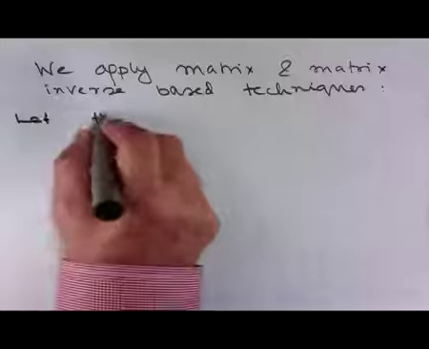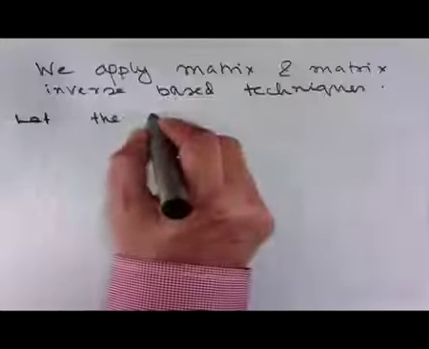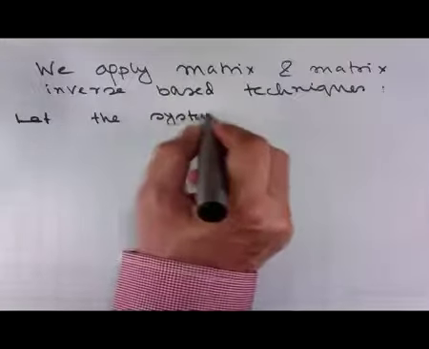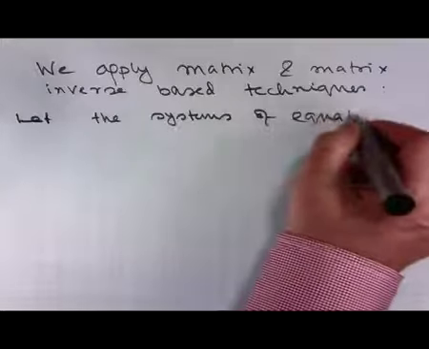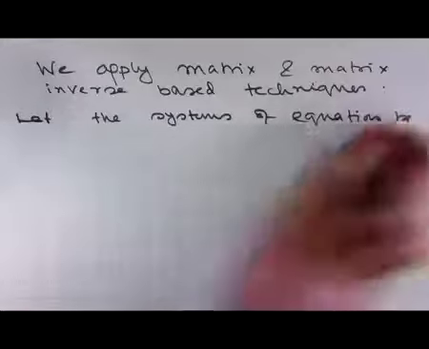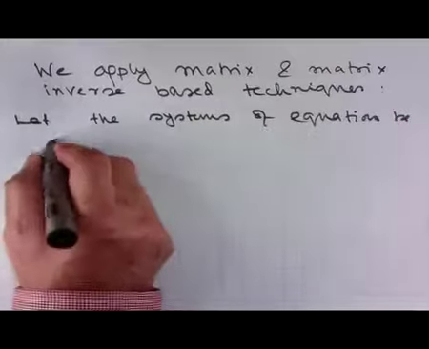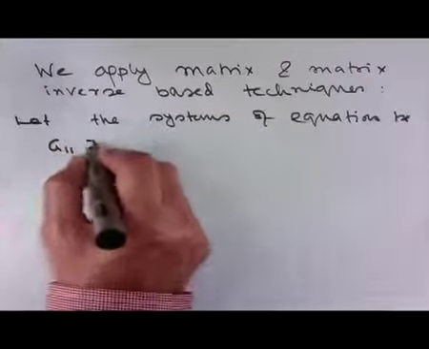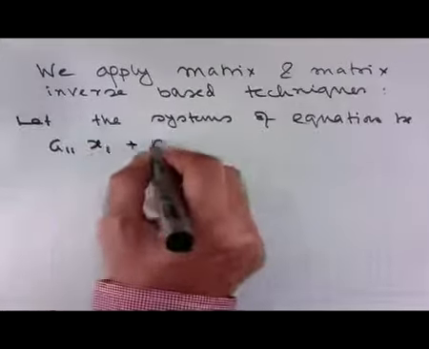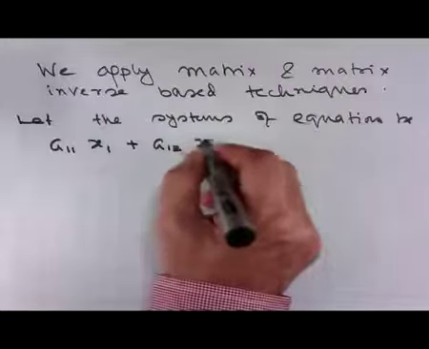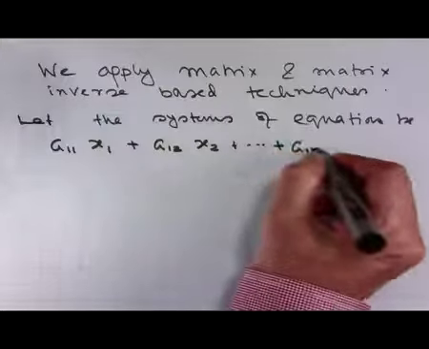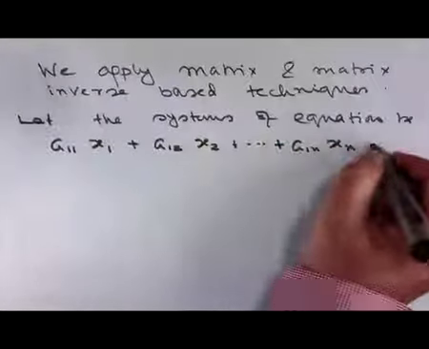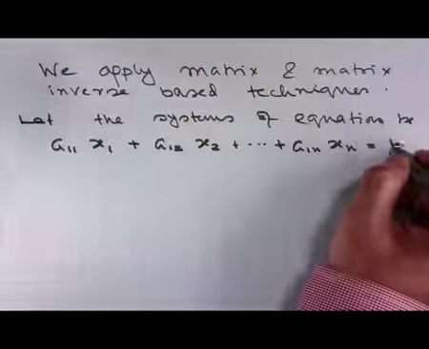Let the system of equations be A11 times x1 plus A12 times x2 plus up to A1n times xn is equal to B1.